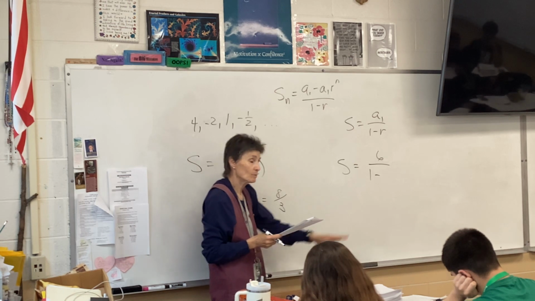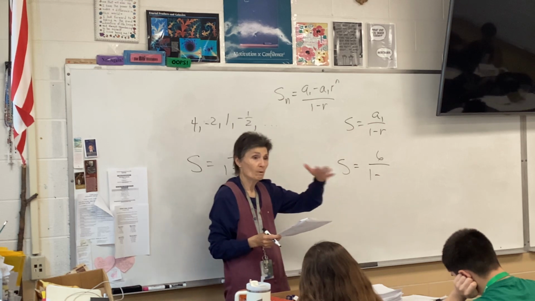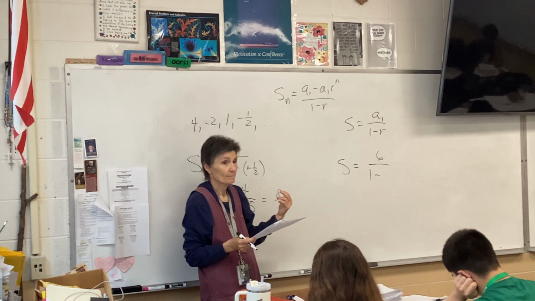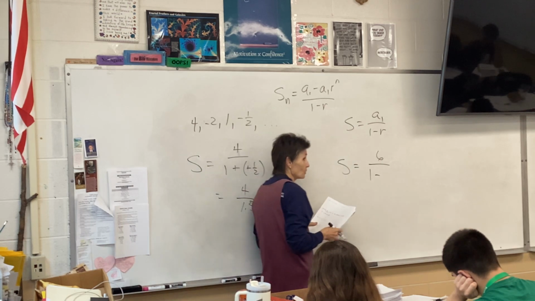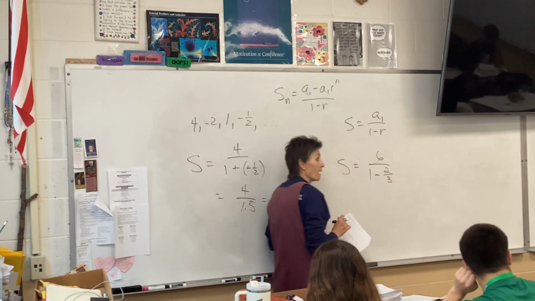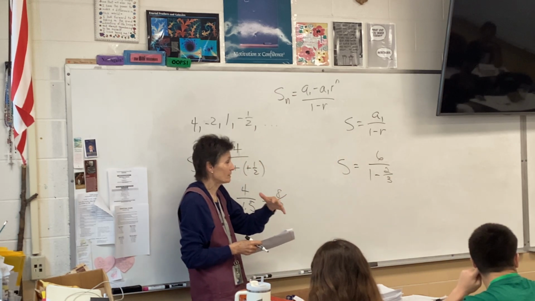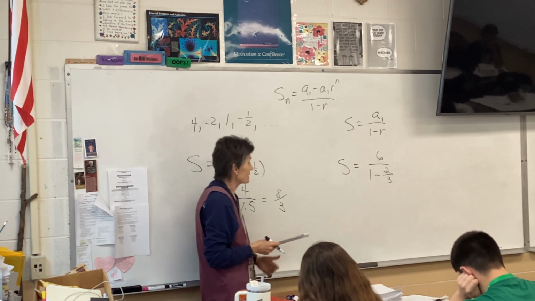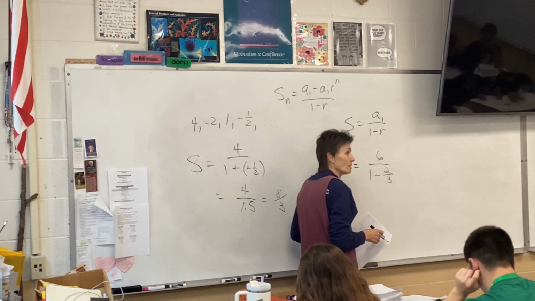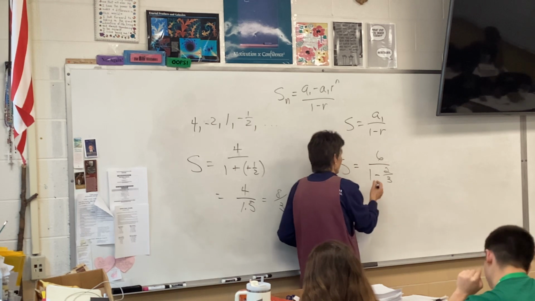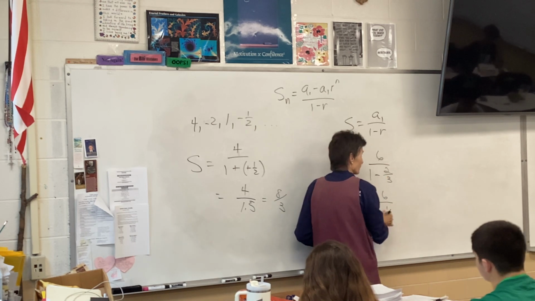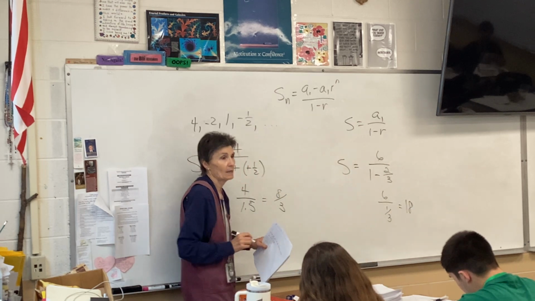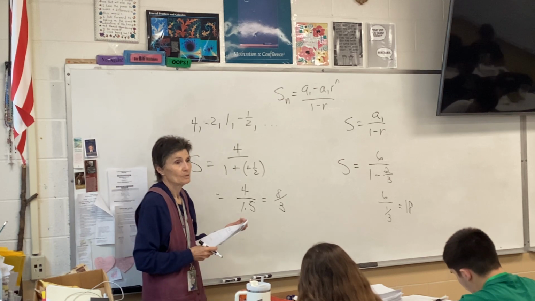One way you can figure that out is take 4 divided by 6. It's 0.6666, well, it's 2/3. I don't care if you get decimals on your calculator, but we're going to put fractions down as an answer. So 6 divided by 1 minus 2/3. Math frac. What's 1 minus 2/3? 1/3. You should get 18 as your answer.